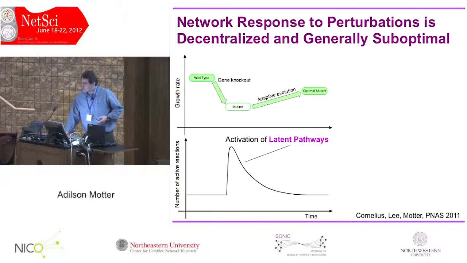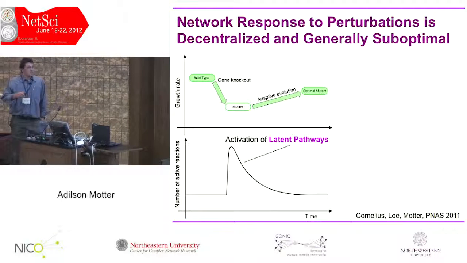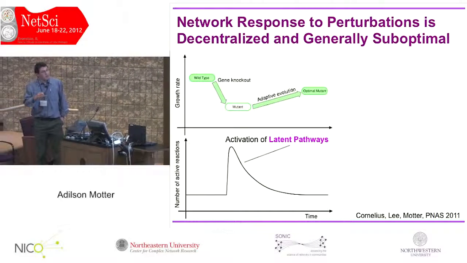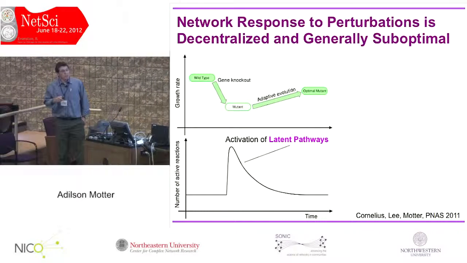So one hypothesis that has been out there is that these reactions have been activated by the cell in an attempt to cope with the impact of the perturbation, such that they will help the cell to reproduce. So this should therefore have a positive impact on growth rate.